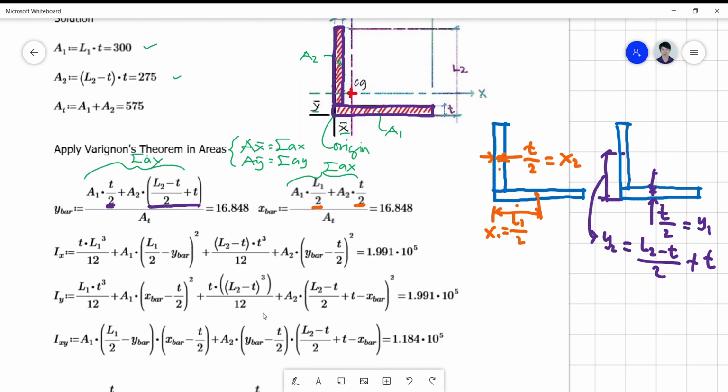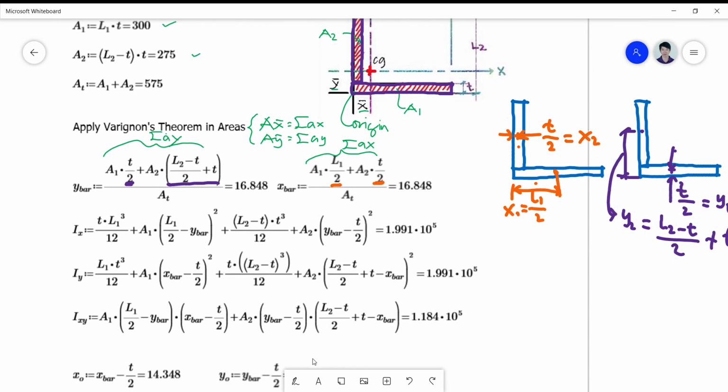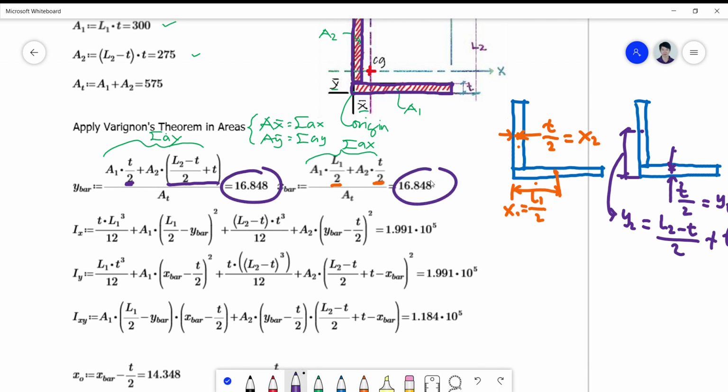Okay, for the moment of inertia, my y bar and x bar, since this is symmetrical, will actually be the same value, and this is in millimeters.